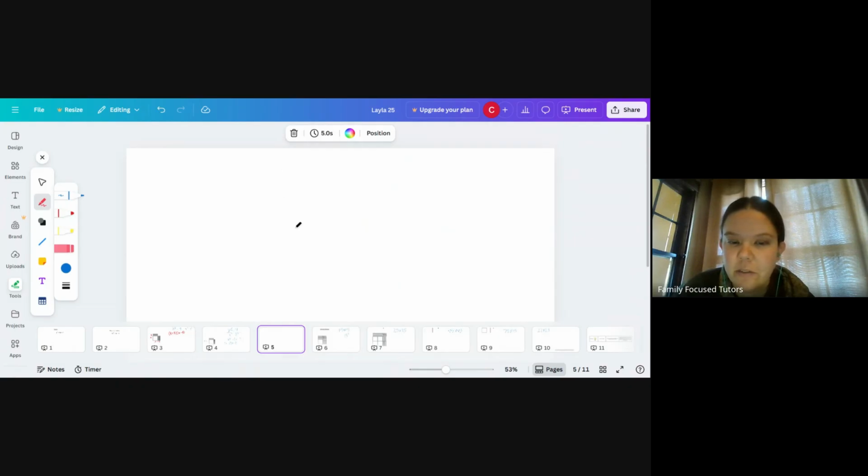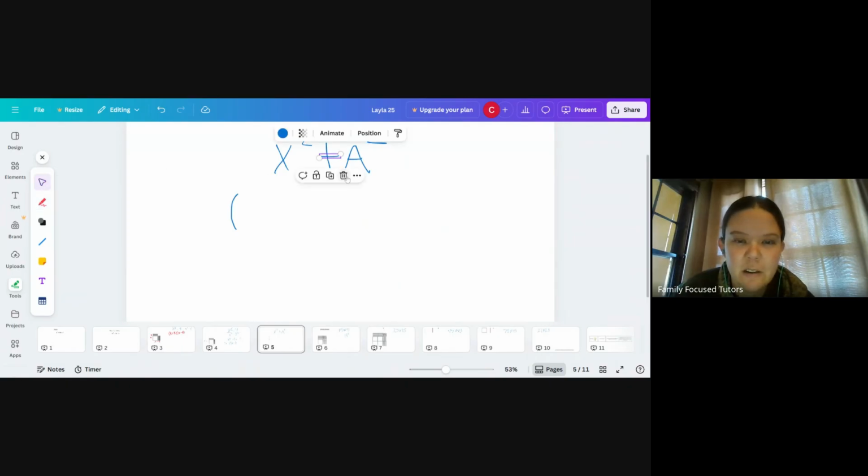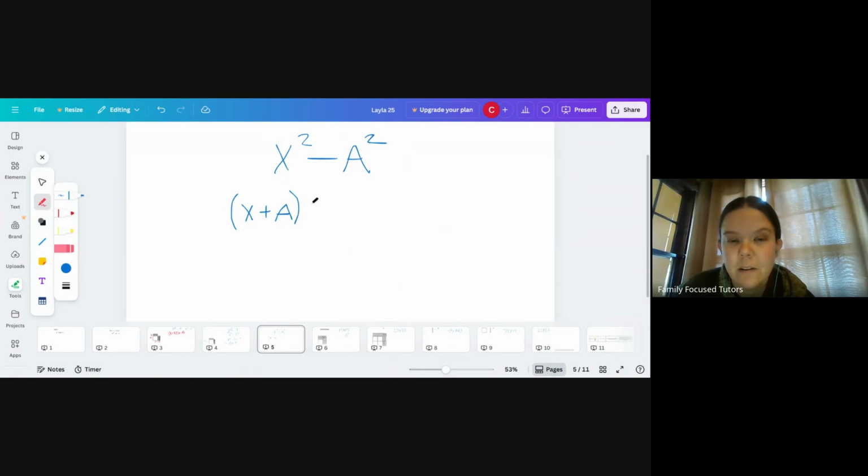So when you have x squared minus a squared, we can rewrite this as x plus a, and then x minus a. And that's our formula. We're just breaking this square up into these two factors.